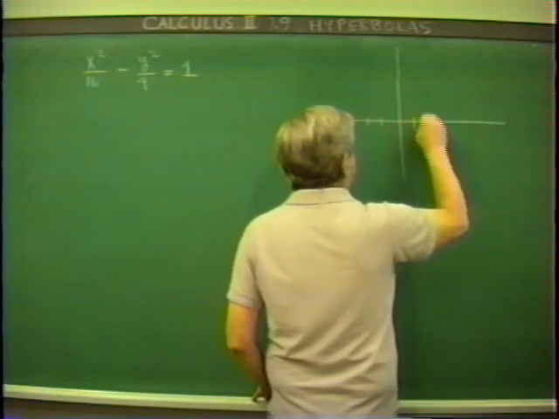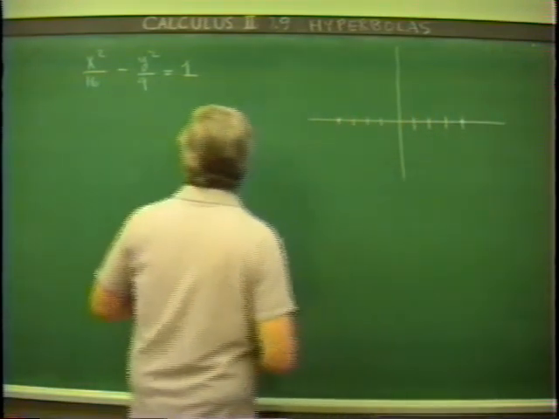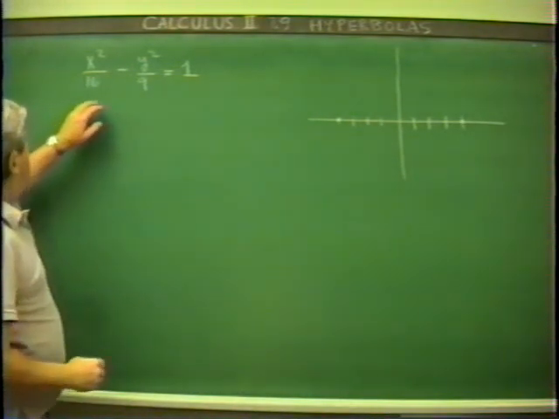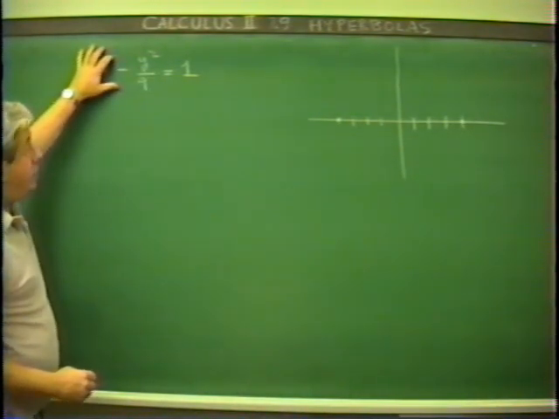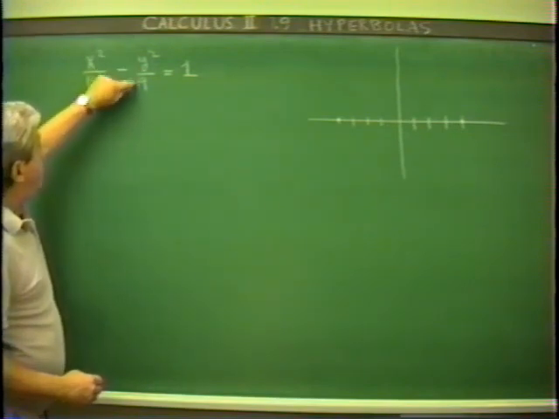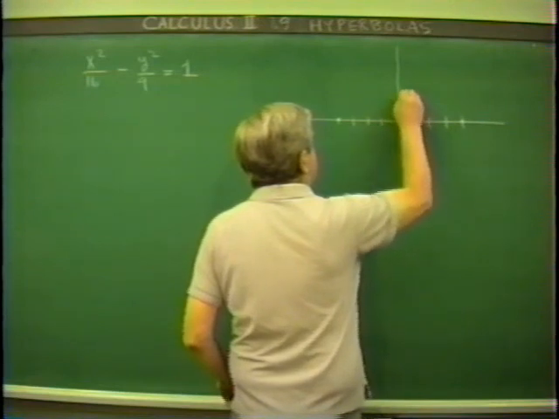So we can plot those 2 points real easily. There's this and this one. When x is equal to 0, y is not defined.